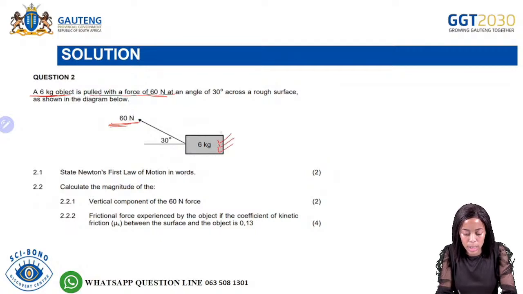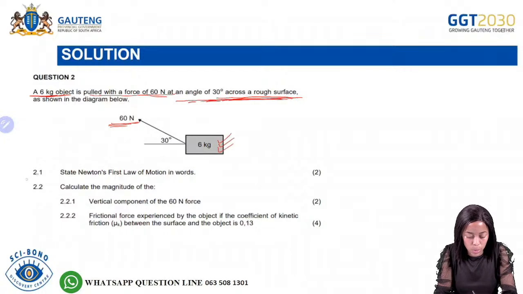So remember, we said that we can either have a pushing force, or we can have a pulling force. So again, it says at an angle of 30 degrees across a rough surface, as shown in the diagram below. So we said when we see the words rough surface, then we must know that we have friction.